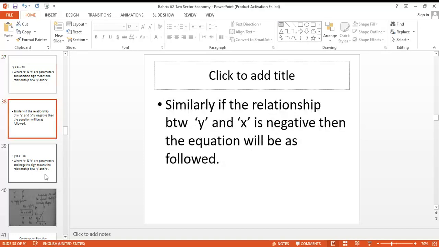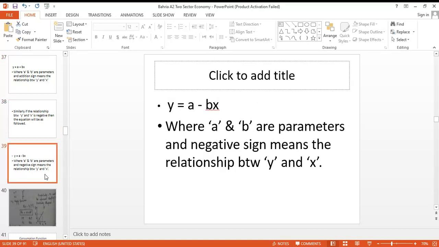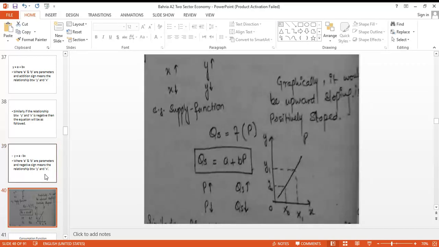They are positively related. And if the sign before bx is negative, then there is a negative relationship. The relationship in both cases will be linear. This is a positive sloping linear curve because the sign before b is positive.